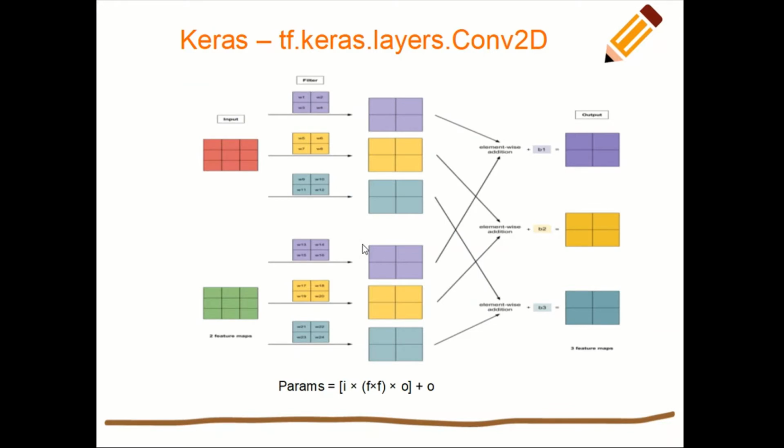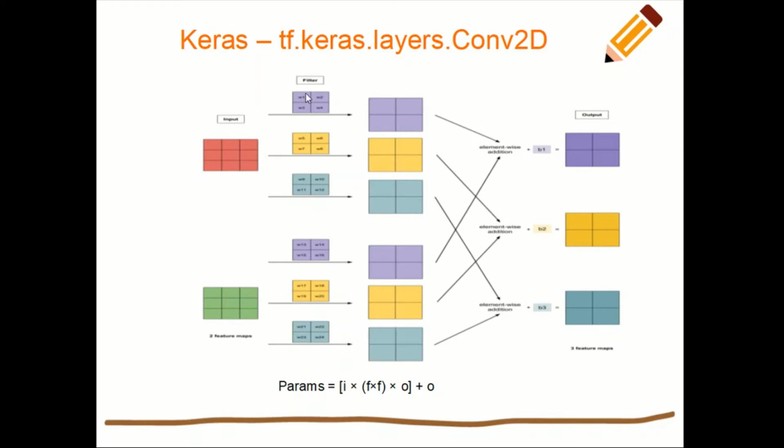Now let's also take an example of a convolutional 2D filter. In this particular case, we have an image which has a red color channel and a green color channel, and we are applying three filters. For each filter we are going to get a set of activations.